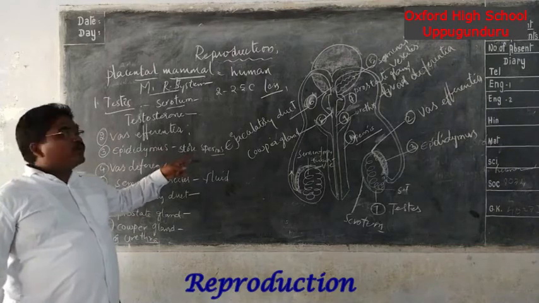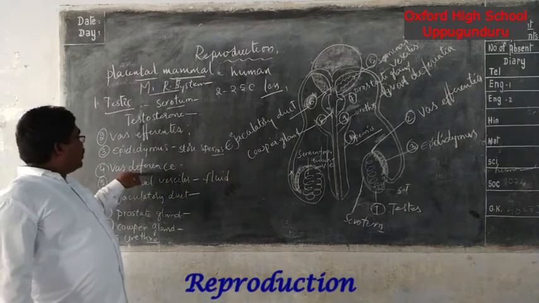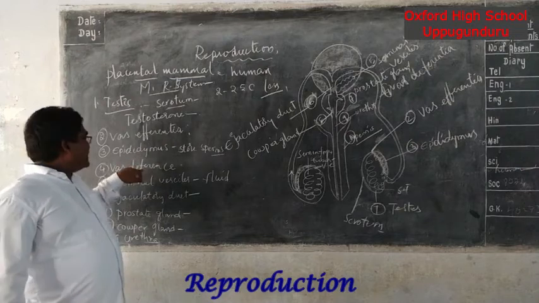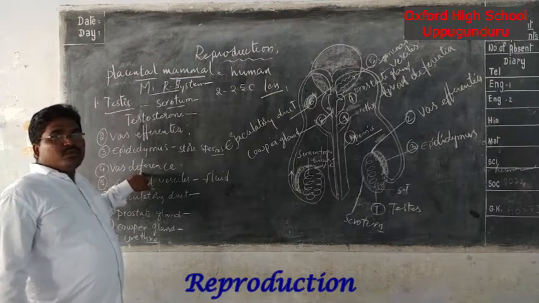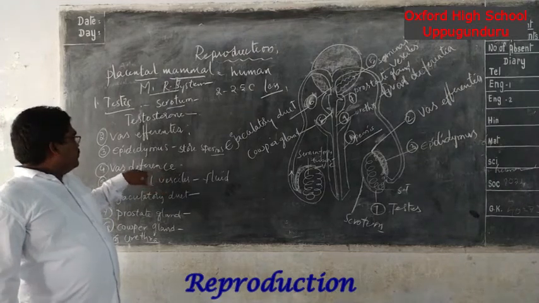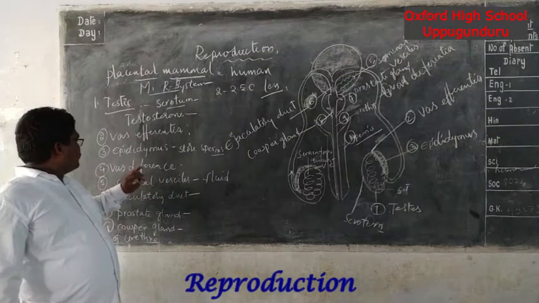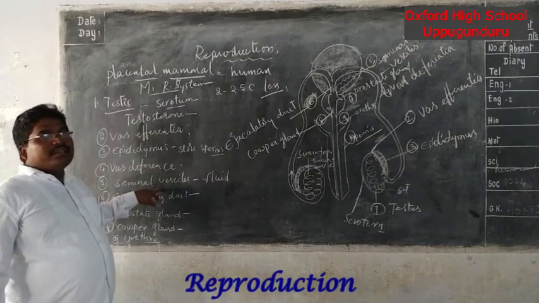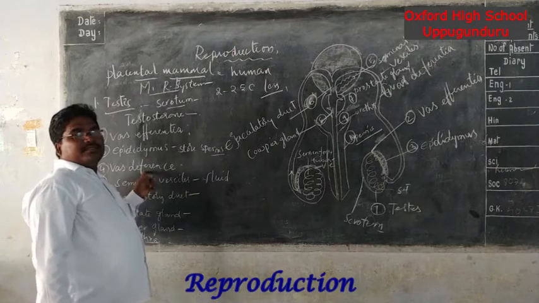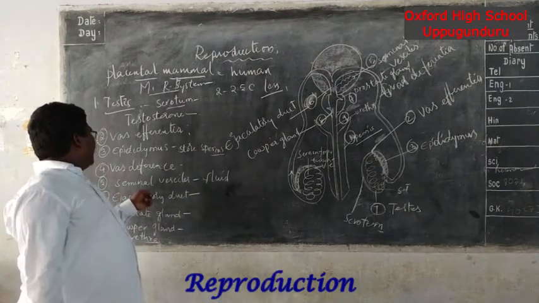Sperms are temporarily stored in the epididymis. The fourth one is vas deferens. From the epididymis arises the vas deferens, which carries the sperms.